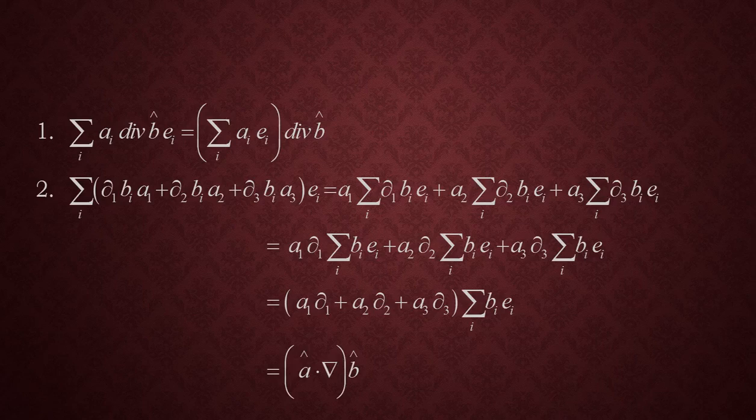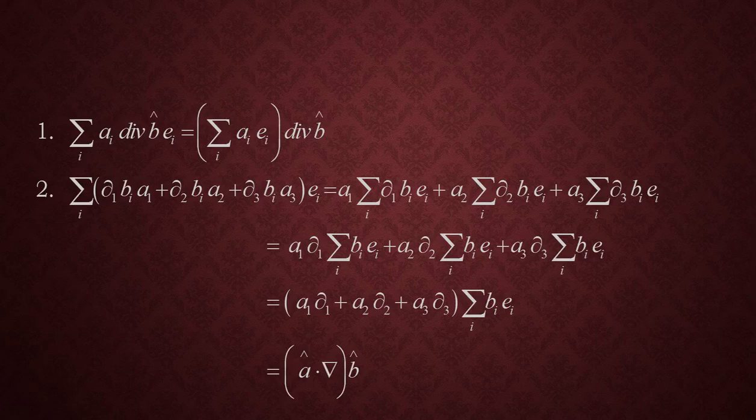Here, if we expand this, we obtain summation sigma over i A_i div B e_i equals div B times (A1 e1 plus A2 e2 plus A3 e3).